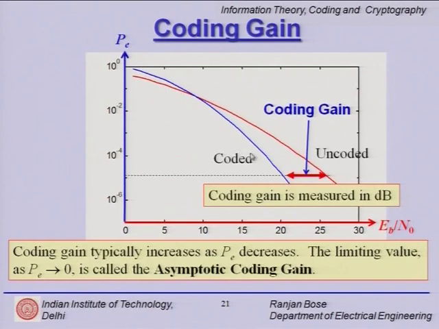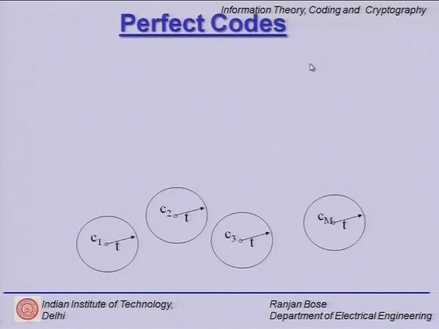Pe is the probability of error. And the limiting value as Pe tends to 0, that is very, very low, is called the asymptotic coding gain. So that is the theoretical maximum coding gain that one can achieve. So for coded systems, coding gain is typically used to compare which one is better.